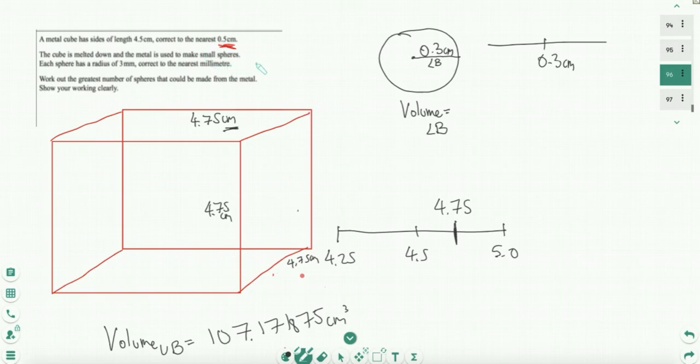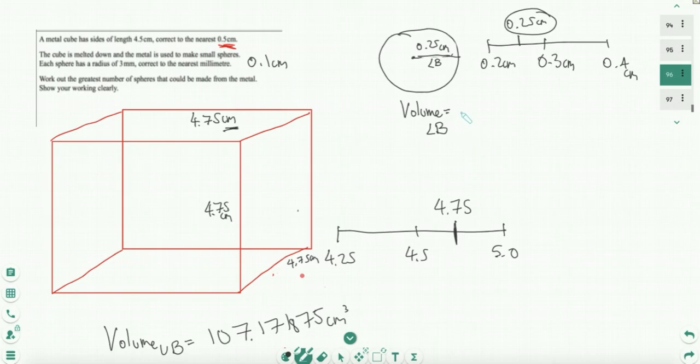A millimeter is also known as 0.1 centimeters. So we're going to add and subtract 0.1 centimeters to both sides. And we're going to find the lower bound, 0.25 centimeters. So we're going to say the radius of our sphere is 0.25 centimeters. And now we can find the volume.